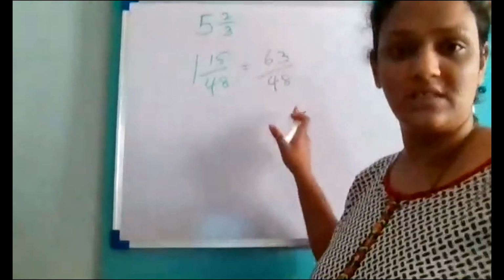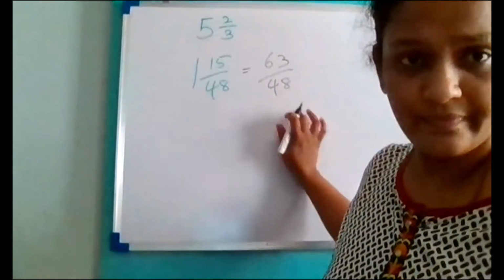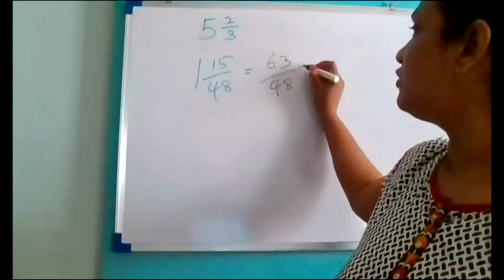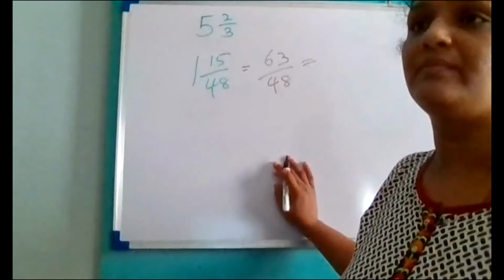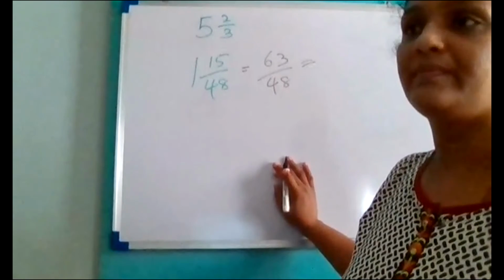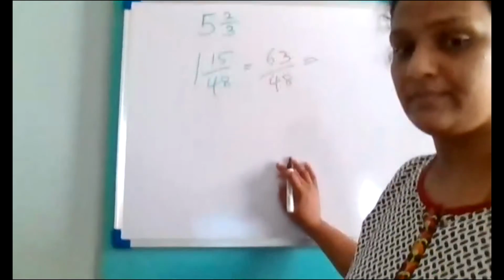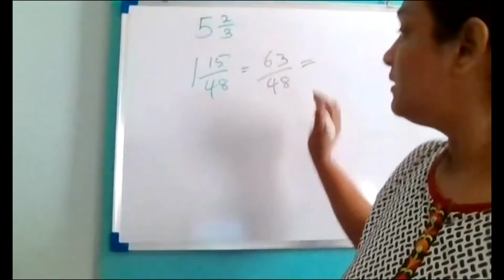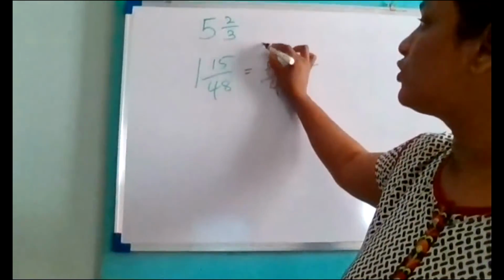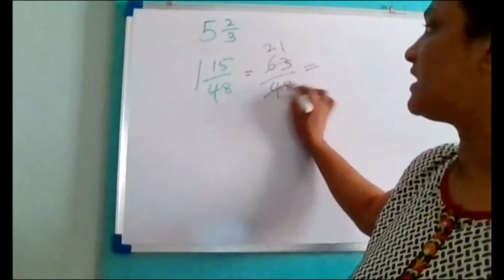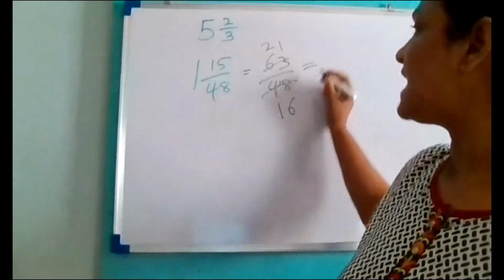Now, is this in its simplest form? Convert it into its simplest form and tell me. Three twos are 6, three ones are 3, 3 sixes are 18.